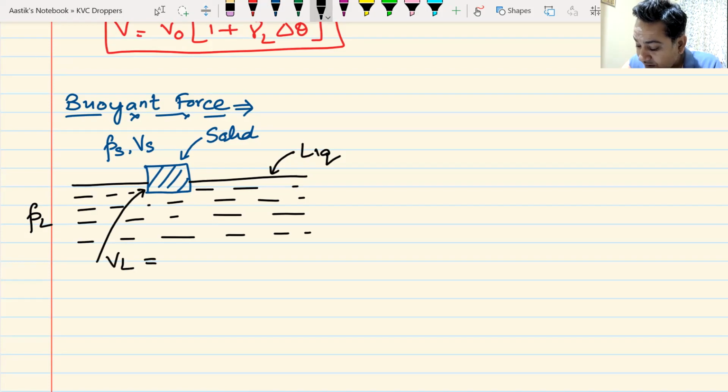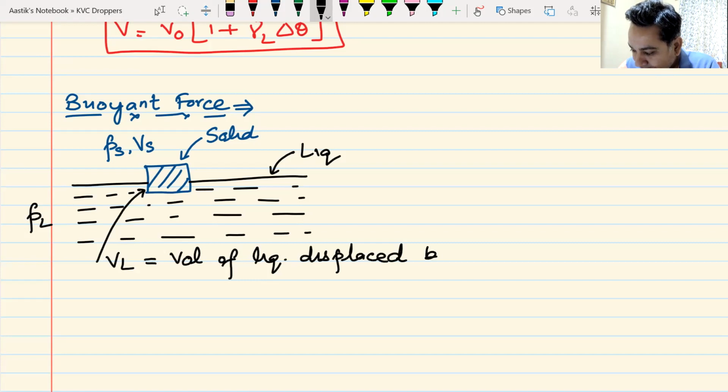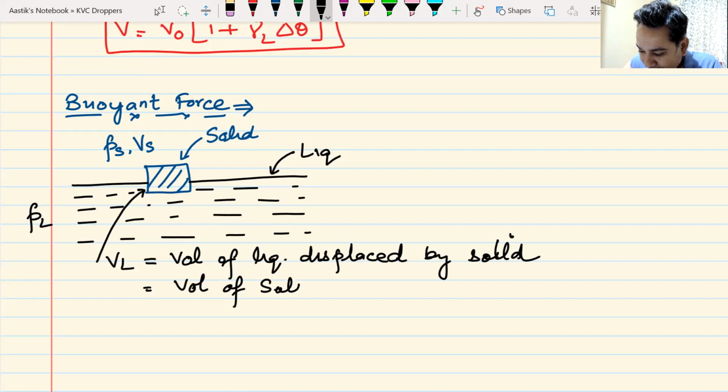Now, what is this VL? This VL is equal to the volume of the liquid displaced by the solid. Do we understand what I'm writing here? All this is equal to the volume of the solid which is inside the liquid.